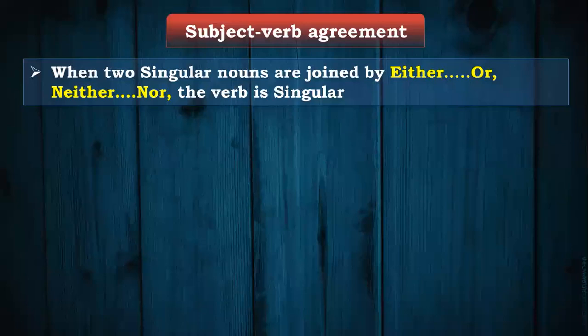Because whenever we use not only but also, either or, neither nor, the verb is a singular one. So the correct statement is not only Ramesh but also Suresh is a smart person instead of are, right? But if I say Ramesh and Suresh are smart people, this is the correct way to say it.